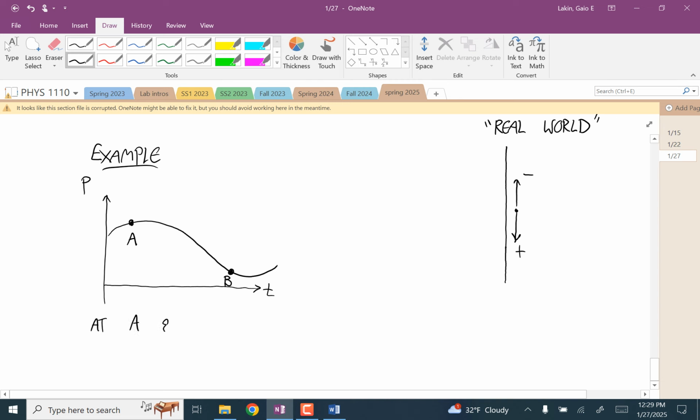So at A and B, let's figure out what direction the object is moving. And then let's figure out, is the object speeding up or slowing down?